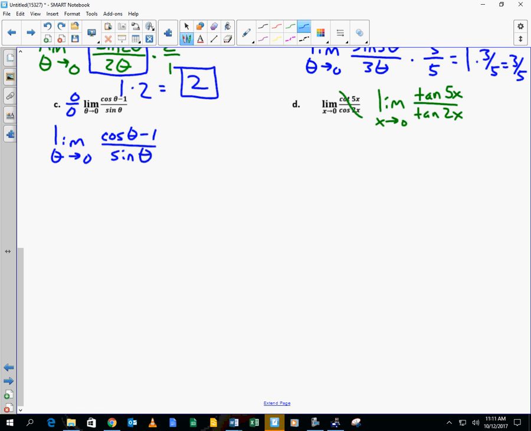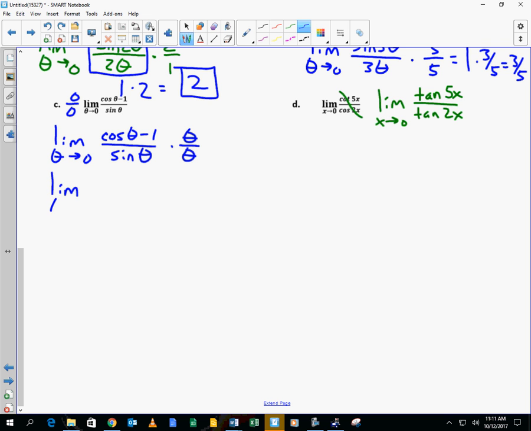Just theta. Like if I had just a theta down here, that'd be great, right? Let's multiply by theta over theta. What's theta over theta? It's 1.